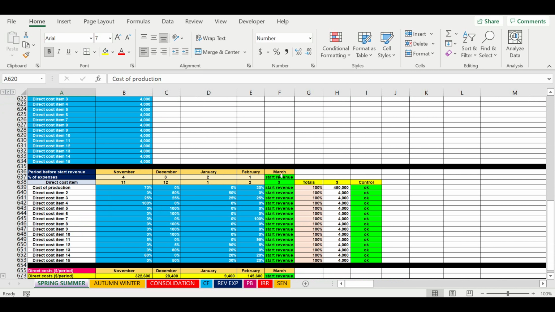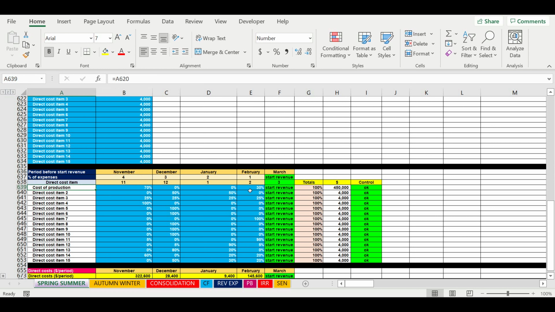For example, in March we start selling our collection, and before this period we allocate 100% of direct costs. We take each direct cost item and assume, for example, that in March we start selling the collection, and before March we will pay the manufacturer. In November we'll pay 70% of the cost of production.